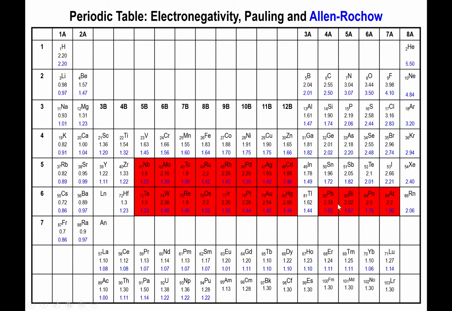The reason is that for these elements there are relativistic effects that play a role in how well they attract electrons. It's interesting that for the transition metals you have an increase in electronegativity as you go down the series, whereas for the regular main group metals like the alkali metals or the alkaline earth metals, going down the series decreases electronegativity. That is not true for the transition metals because there is a relativistic effect that we don't account for, at least at this point in the study of chemistry.